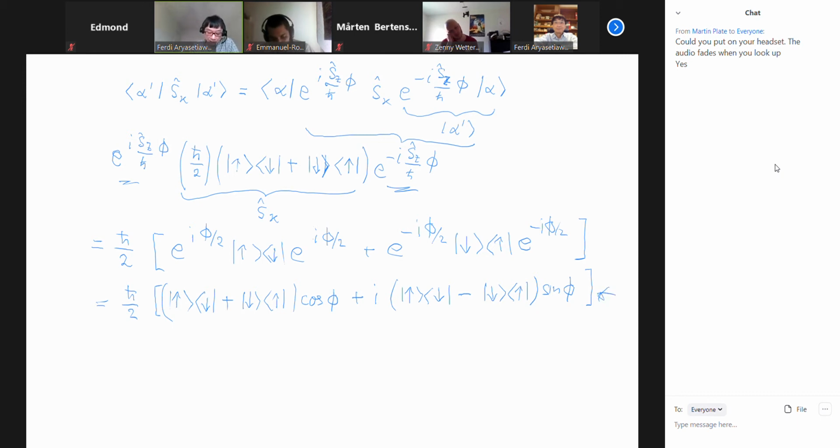Then we realize that this is just Sx, including the h bar over 2 cos, and this one here is the Sy. So then it becomes Sx cos phi minus Sy sine theta sine phi.